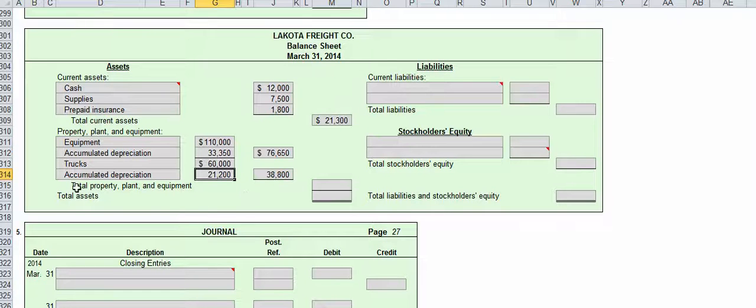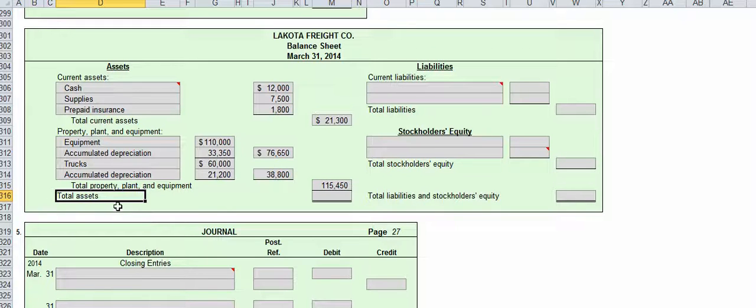Next we want total property, plant, and equipment. We'll get that by adding together our two book values. So it's equal to $76,650 plus $38,800, $115,450. Next we want total assets.